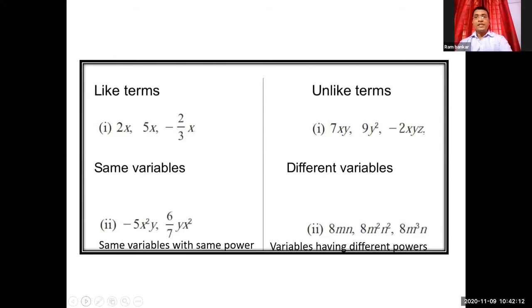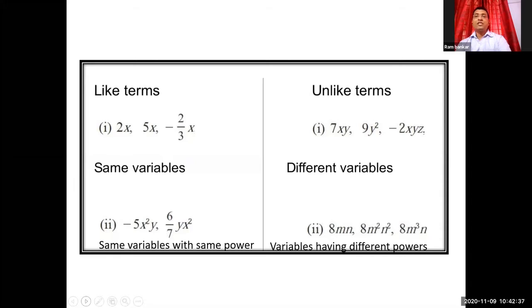What you notice in these 3 terms is that only the same variables are given. Variable means alphabet. The same alphabet is given: x, x, and x. So it is called like terms. This is the first rule of like terms. Why are they like terms? Because the same variables are given.